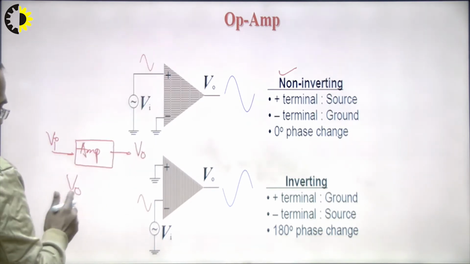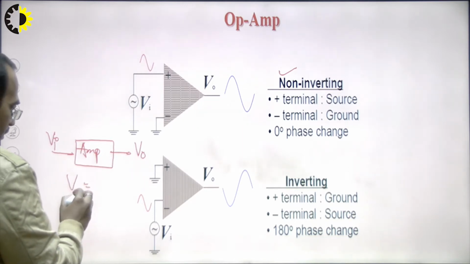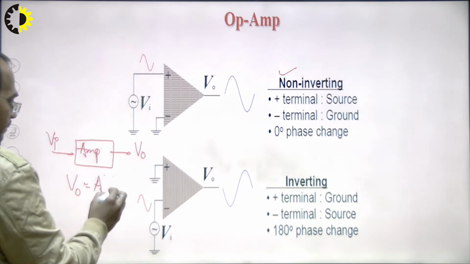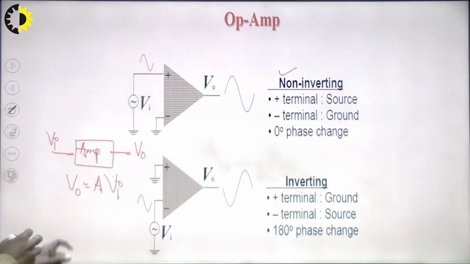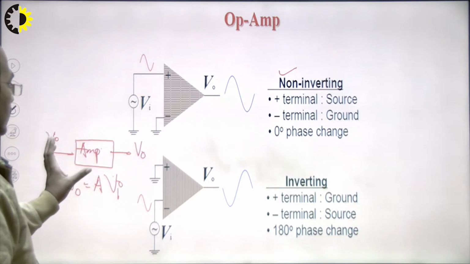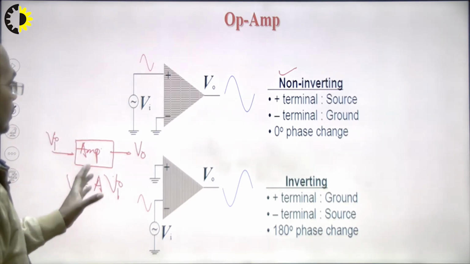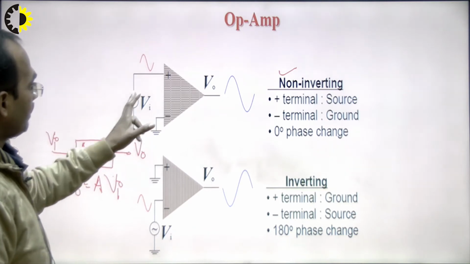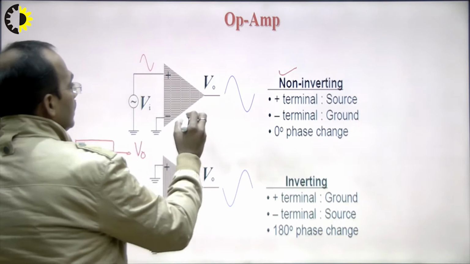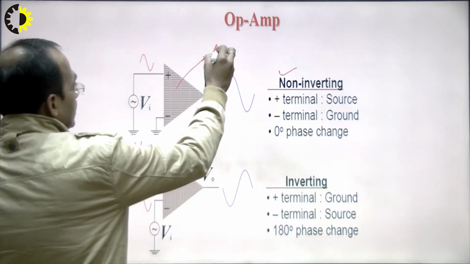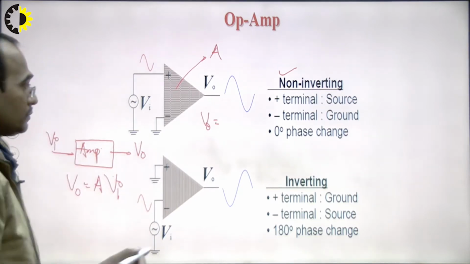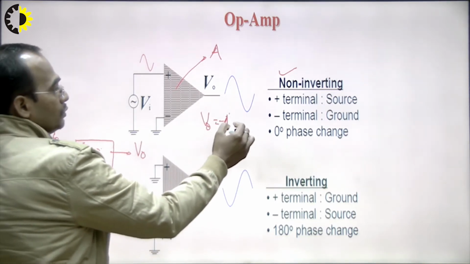It will amplify the input signal with the gain of the amplifier. V naught is nothing but the gain of the amplifier A multiplied by the input. So if I apply the input to the non-inverting terminal, and suppose the gain of the amplifier is A, then I will get V naught equal to A into Vi.